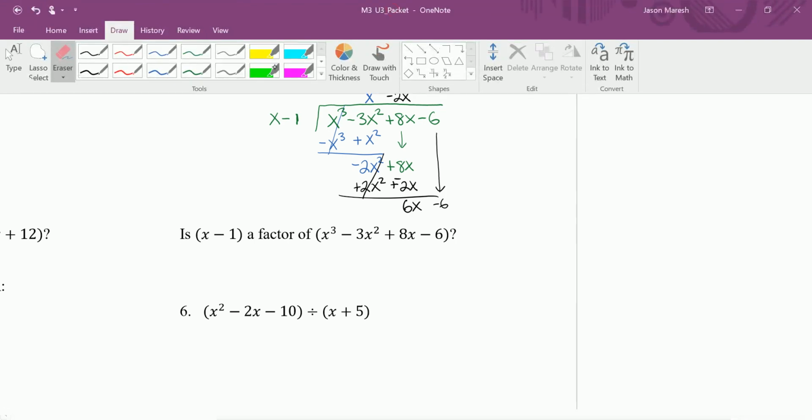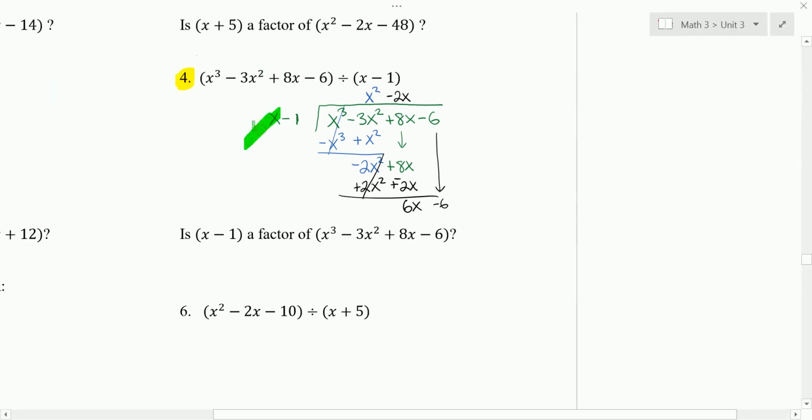And one more time, we're going to look at the x and the 6x and ask ourselves, x times what is 6x? You should get 6. And so then multiply 6 times x and get 6x. 6 times -1 and get -6. And change the signs, and we end up with a remainder of 0.